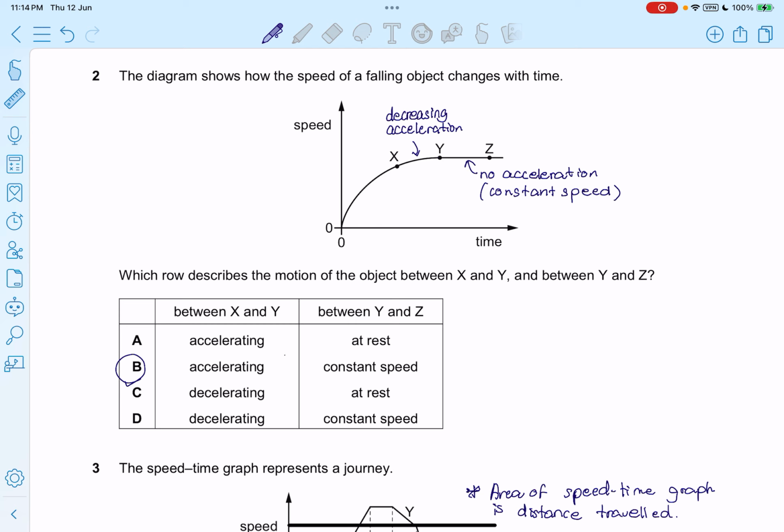So between x and y, it is accelerating, but for y and z, there is no gradient, so it means that the acceleration is 0, so the speed should be constant, and the answer should be B.